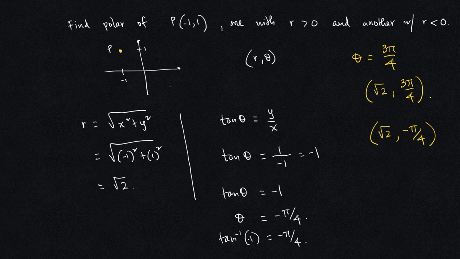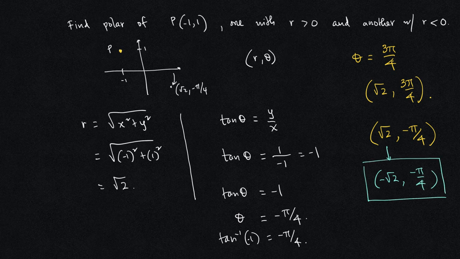When we get to (√2, negative pi over 4) going clockwise, we obtain the positive radial coordinate, and if we flip it, we will obtain P, which is what we're looking for. Thus, after we flip it, we will get (negative square root of 2, negative pi over 4). This is another point that we're looking for.